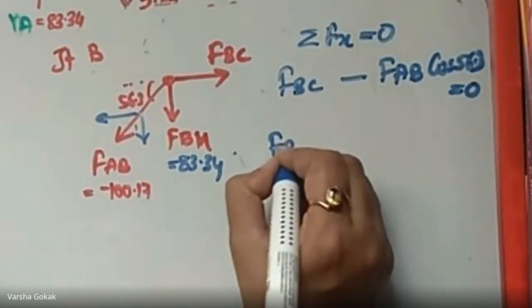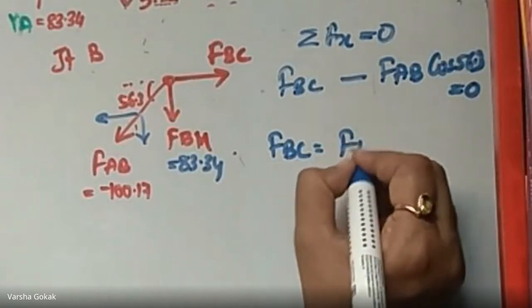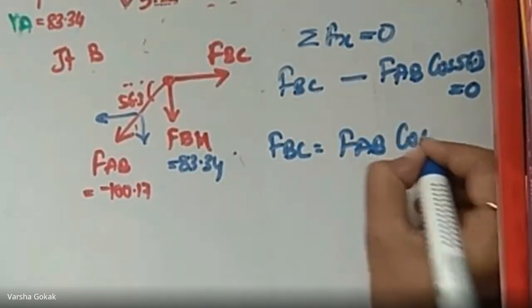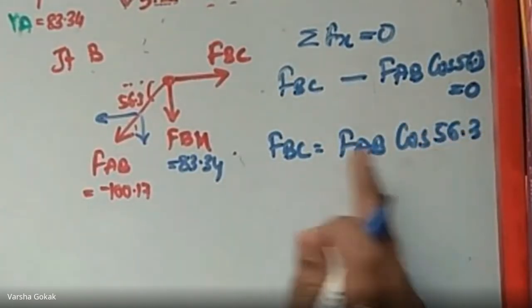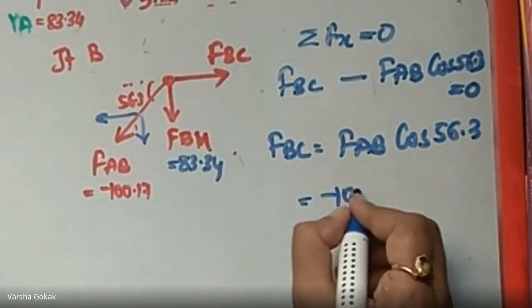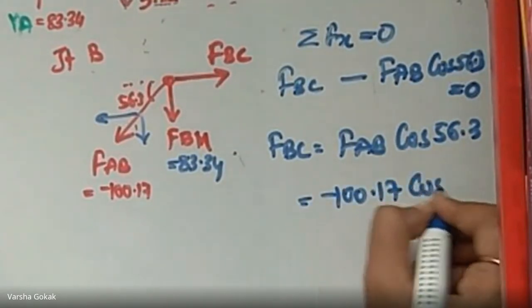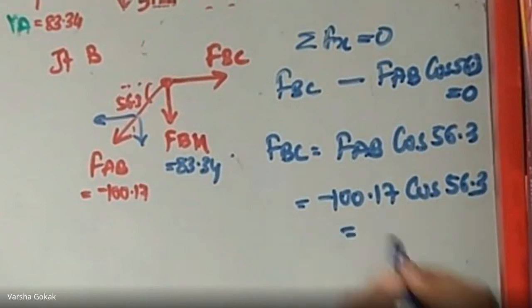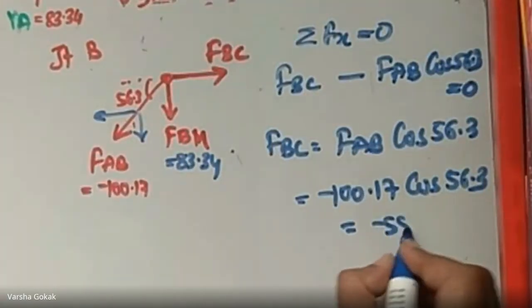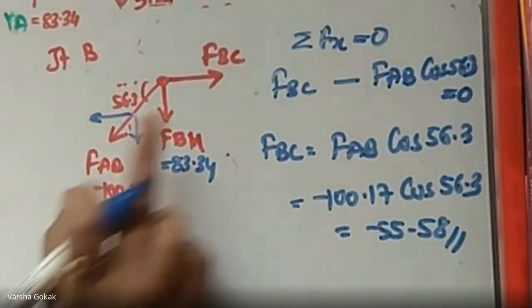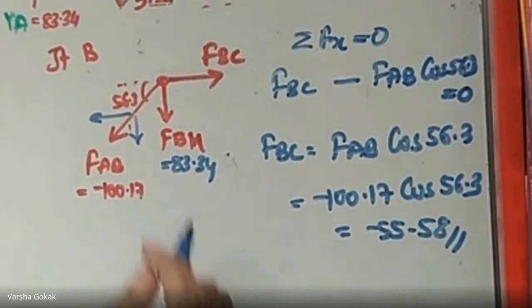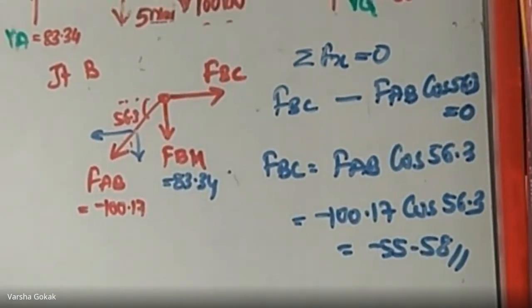Correct? So FBC is going to be equal to FAB cos of 56.3. That is minus 100.17 cos of 56.3. How much is FBC? Minus 55.58. Correct? So BC is found, BM is found. Any other force? No. So at joint B, we found two forces.